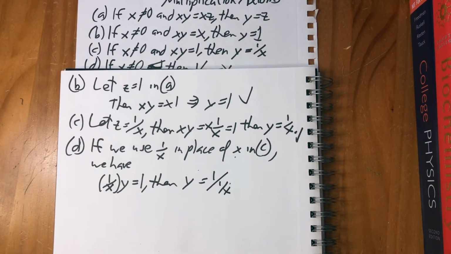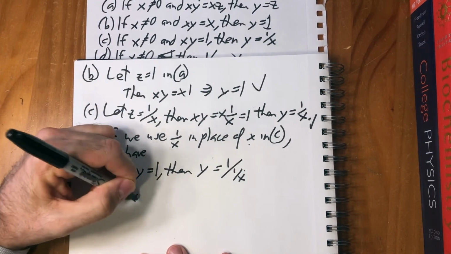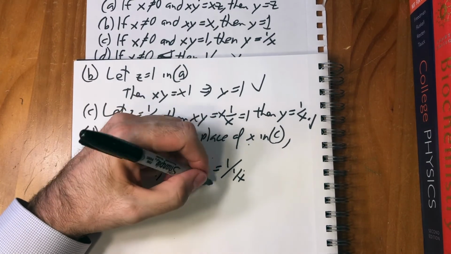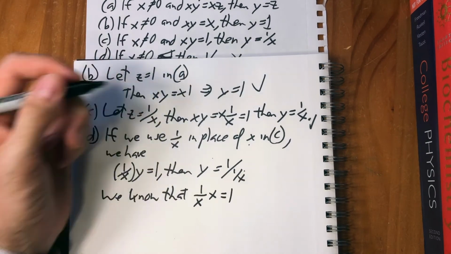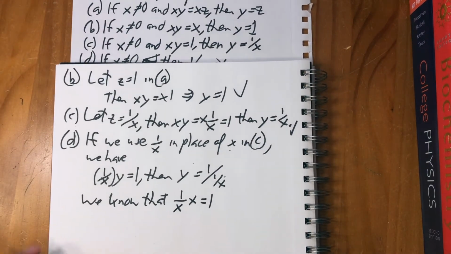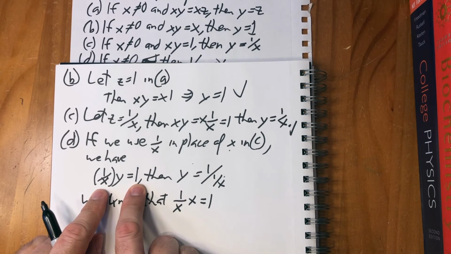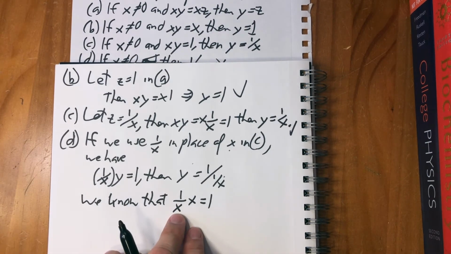Now we know from the inverse property that 1 over x times x equals 1. So if we have here that 1 over x times y equals 1, then we know from the inverse property that this has to be the inverse of this.